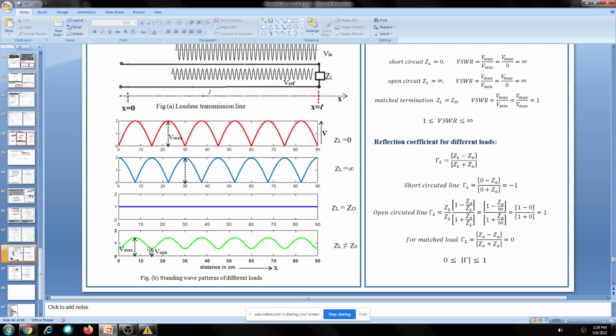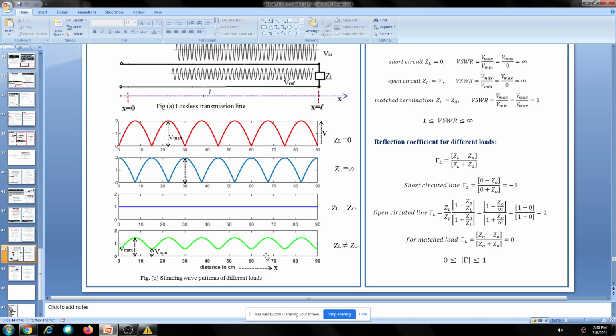It is not 0 now. See, for a short and open, the minimum coincides with 0. They may occur at any position. See, minima occurs here, but the values are 0 here. This is the y-axis, the magnitude. Magnitude is 0 here, V minimum. But for other loads, instead of infinity and 0 load, if you connect some other load, minima takes some value, V minimum, and there is a V maximum. Okay, this is the standing wave pattern.